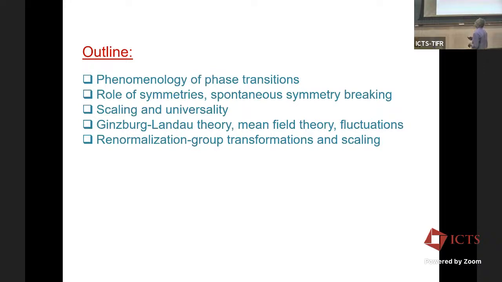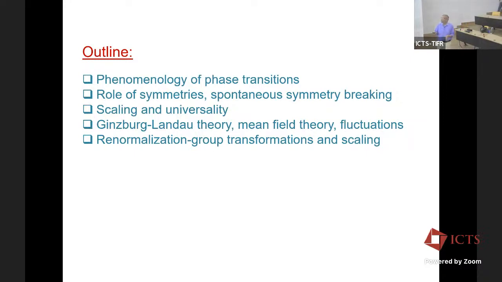So this part we covered: phenomenology of the phase transitions, discussing the role of symmetries, and also said a few things about spontaneous symmetry breaking. So I will continue from this point, and hopefully today, scaling and universality, that part I'll finish, and then the remaining talks on tomorrow.